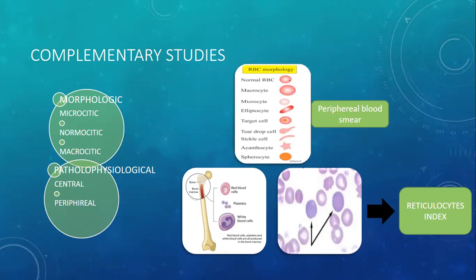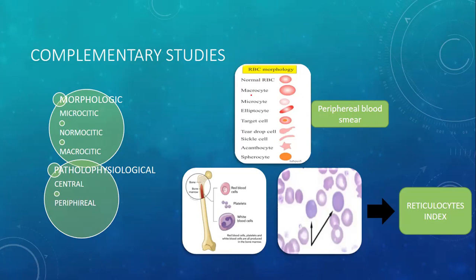So in this study, we just take a blood sample, a peripheral blood sample, and see it under the microscope. Of course, we have an appropriate technique in which we can see directly the blood cells, all the blood cells. We can see the morphology of red blood cells. In this case, this one would be a normal red blood cell.